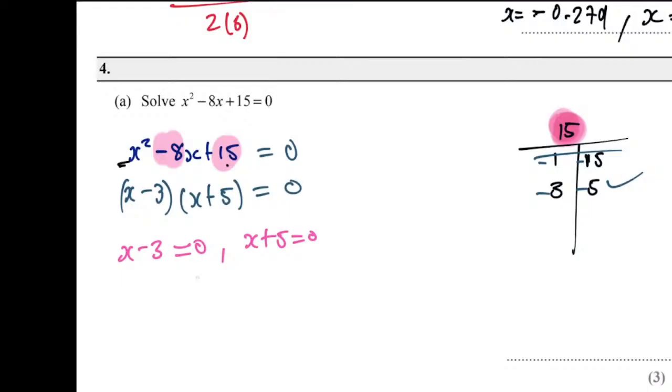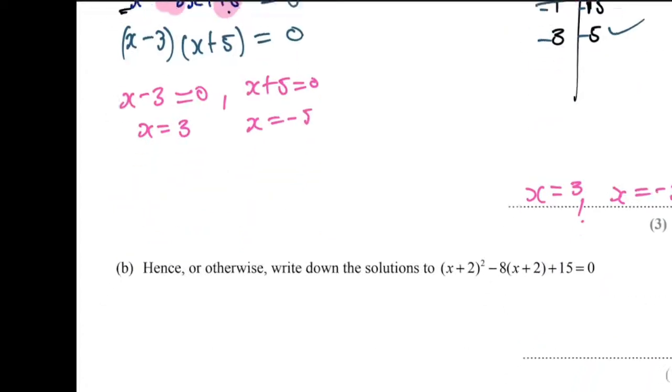Here you now have x being equal to 3, and x being equal to negative 5. Are we together? So are we fine on this?